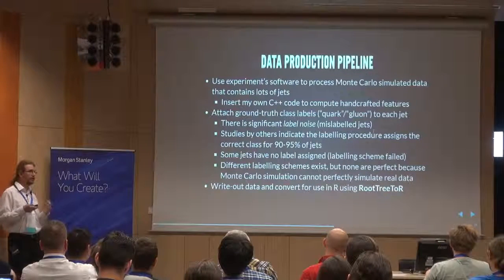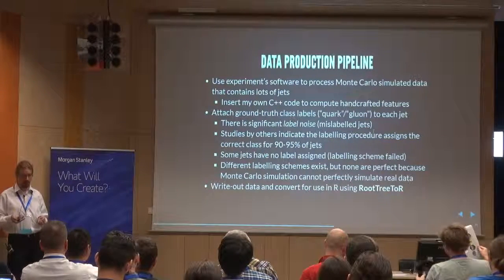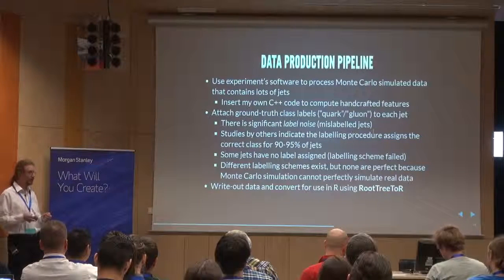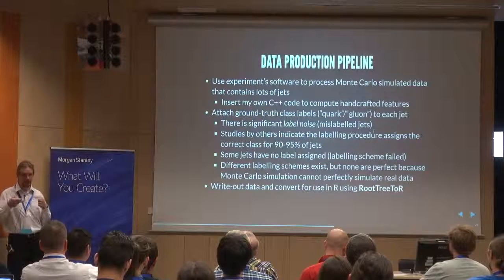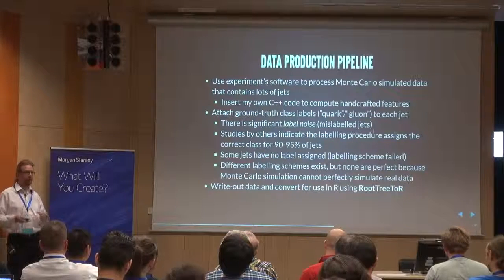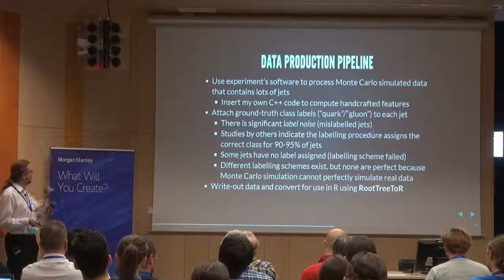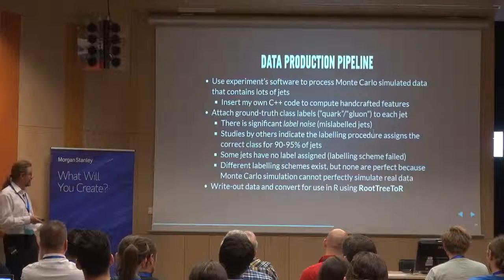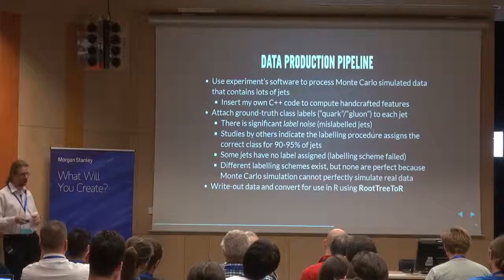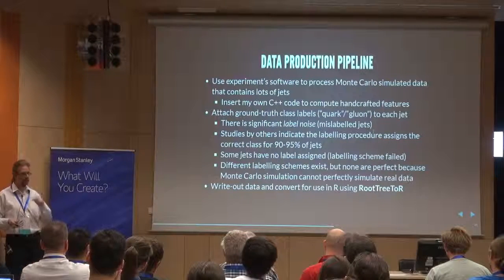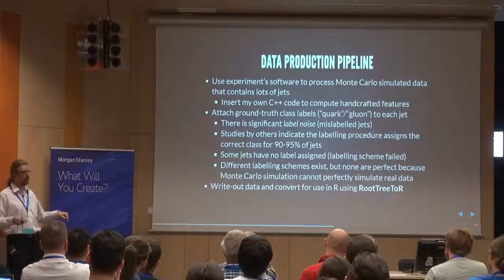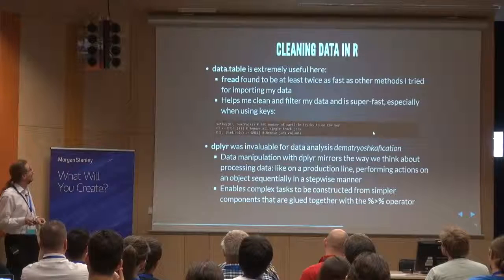In fact, there's a significant amount of label noise, mislabeled jets. And some jets can't actually have a label assigned to them, so there are jets with no label. And we write out the data, and then there's a package that's been around for about 10 years that allows you to import this from root into R.